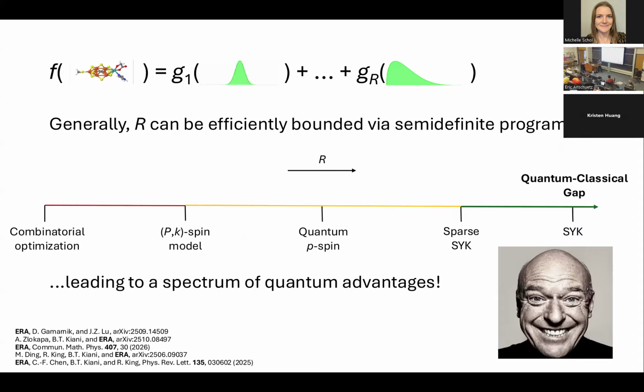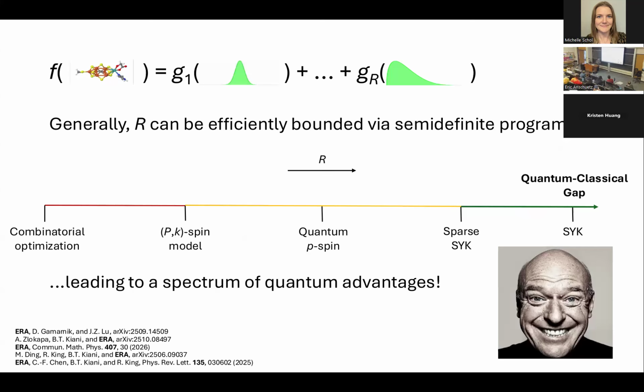So, okay, I'll get into this in just a second. But one corollary of these results is that understanding the suitability for quantum algorithms for this optimization really is a function of this R quantity. And this R quantity you can efficiently compute using something known as a semi-definite program.